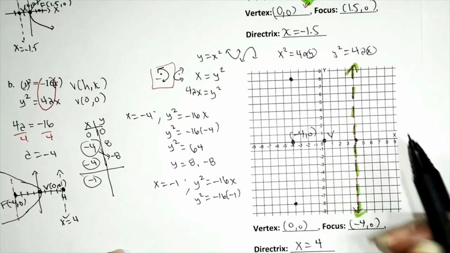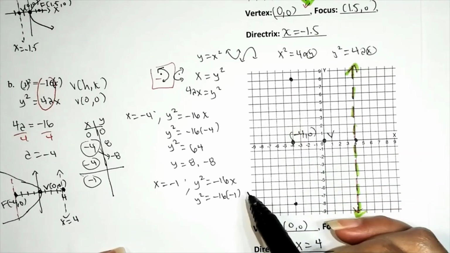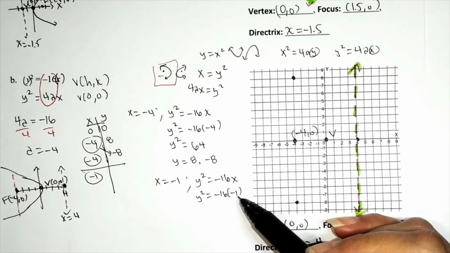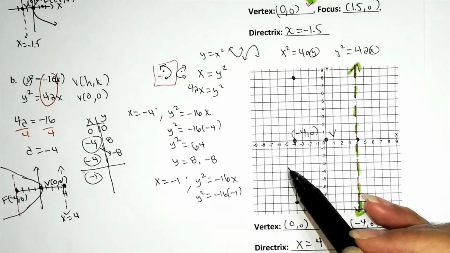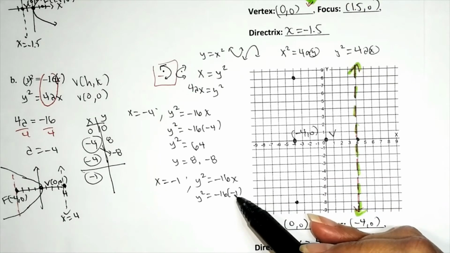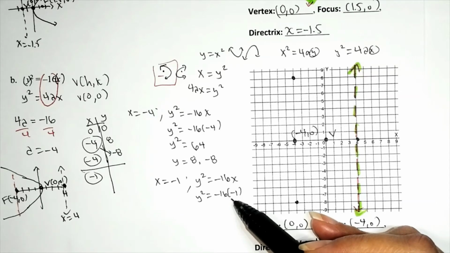And the question is, what if the value of x that we picked didn't allow us to have a nice value for y? Like if we had picked -2 for x. That will give us y squared equals 32, and then you would just approximate the value of y. It's no big deal.